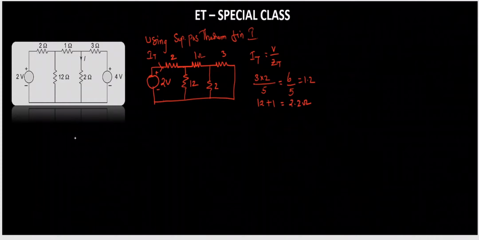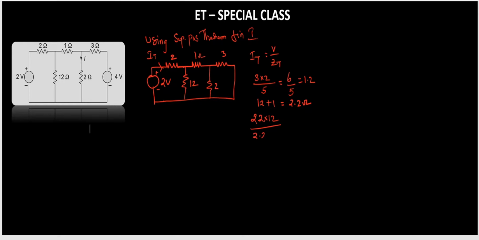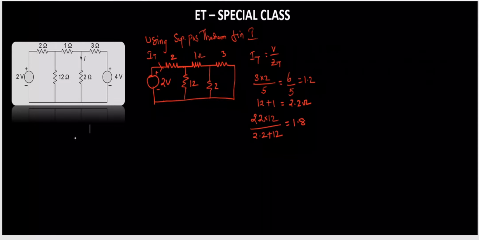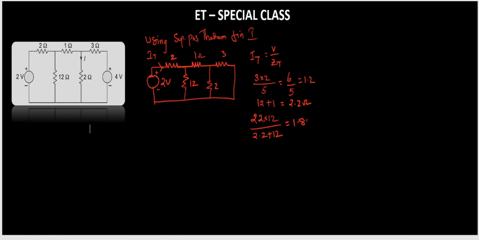2.2 and 12 are in parallel. So 2.2 into 12 divided by 2.2 plus 12. How much? 1.85. And that 1.85 and 2 are in series.